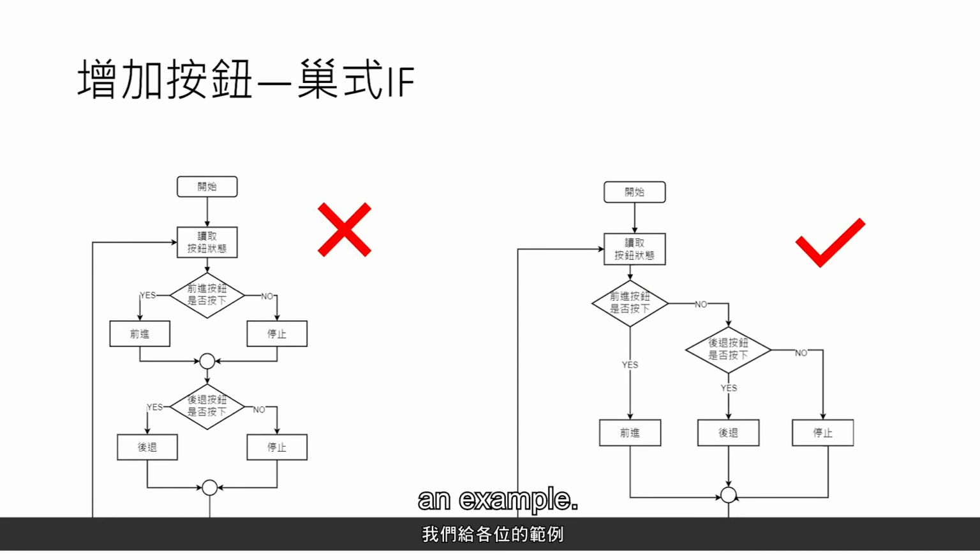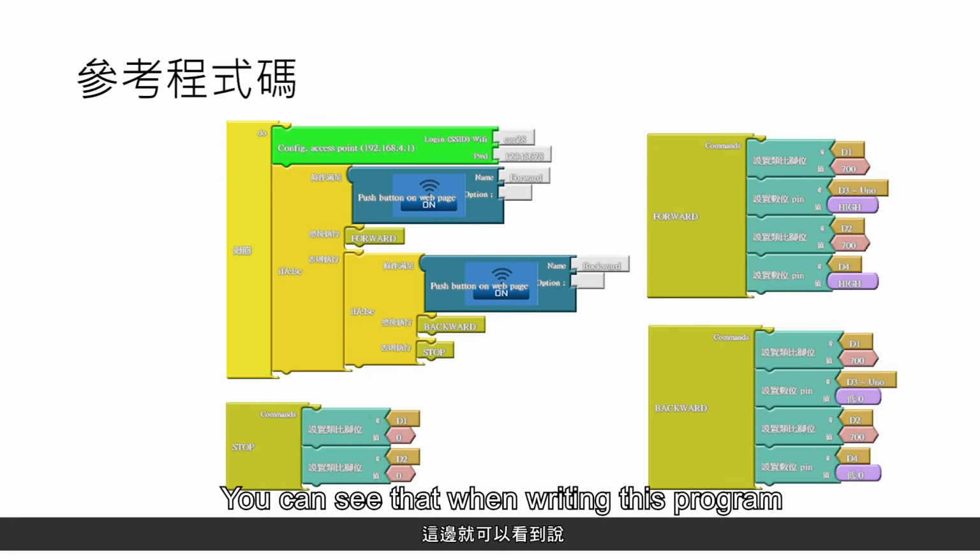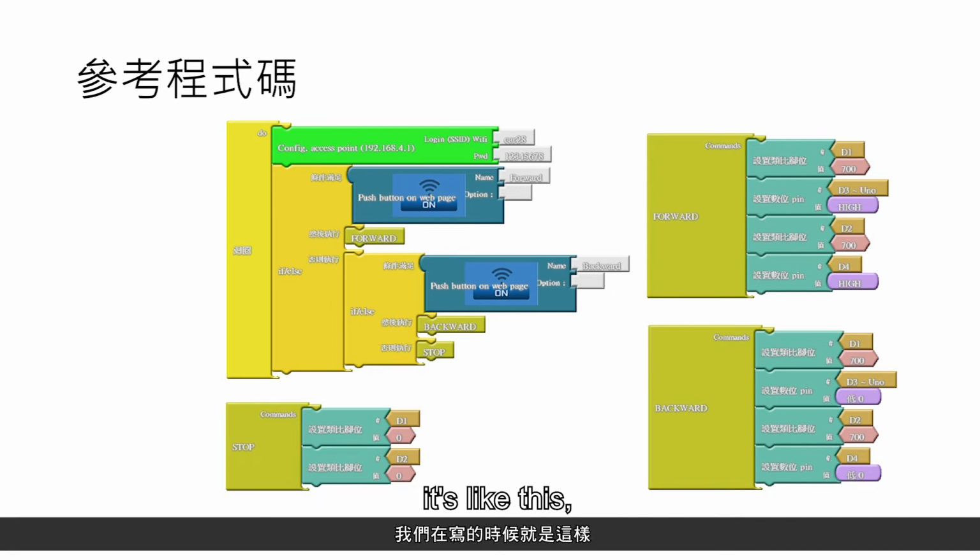Let me show you an example. This is our reference program. You can see that when writing this program, it's like this. We'll use if and else. We'll execute this part only for else, instead of going straight to it. This way is wrong. Because we use subroutines, the program looks simpler.